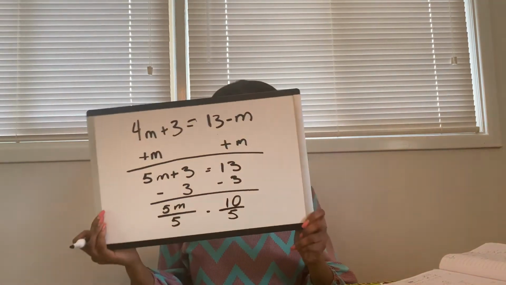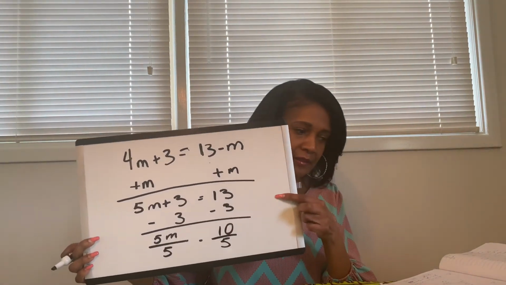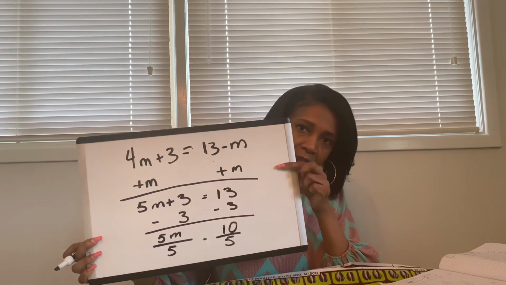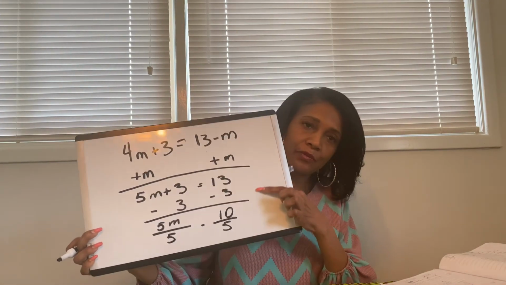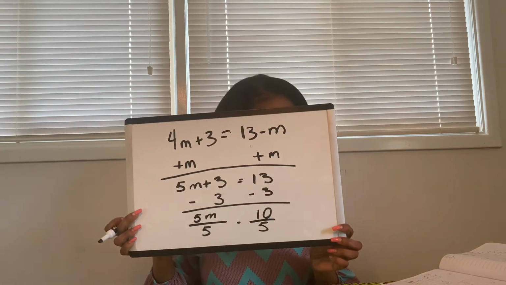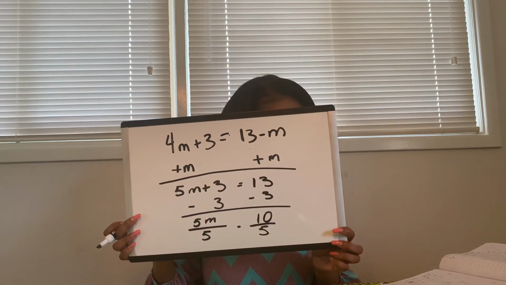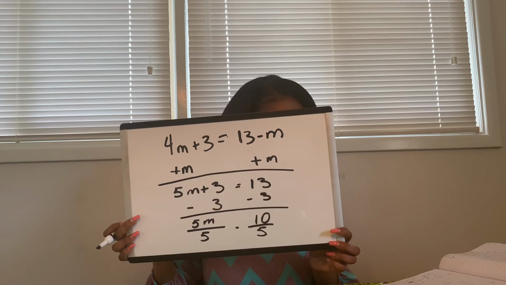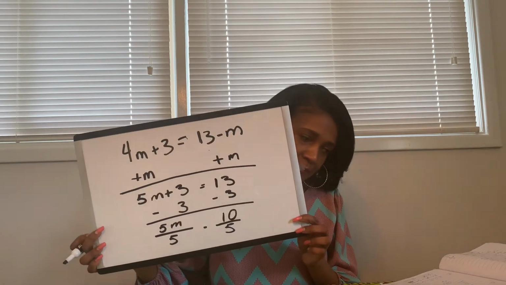All right, now I am going to bring down my 5m over 5, and I will also have a 10 over 5. If you're wondering how I arrived at a 10, I have a negative 3 and a 13 right here. So my negative 3 and my positive 13 made me arrive at the answer of 10. You understand that? All right, good.